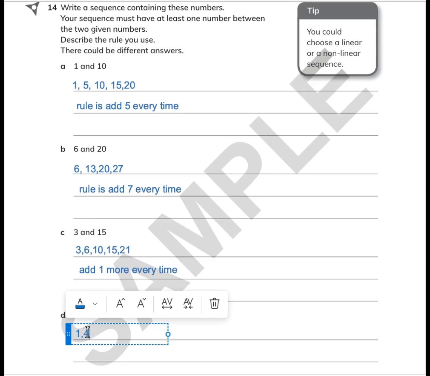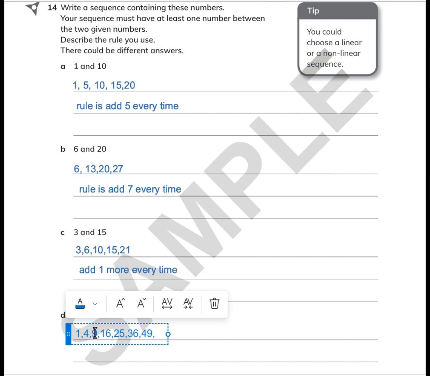Now the third number, so we will write the square of 3. 3 3s are 9. Fourth number, square of 4, 16. Fifth number, square of 5, 25. Sixth number, square of 6, 36. Seventh number, square of 7, 49.